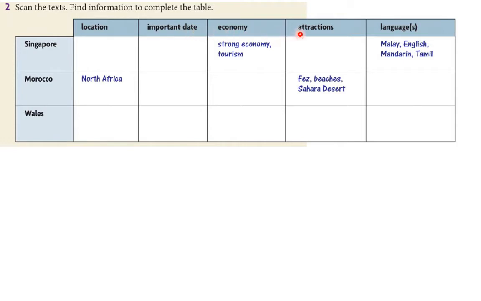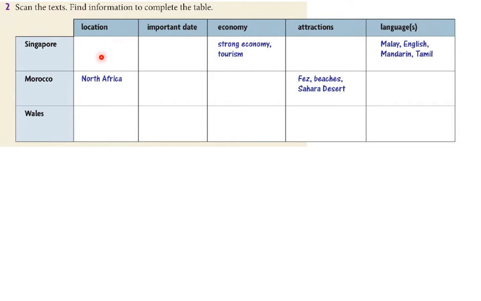economy, attractions, languages. We can see here he put the S between brackets because some countries have one language, the others have more than one language. In this case, we say languages.